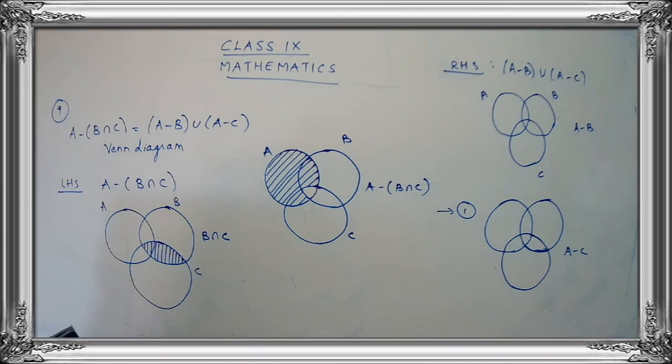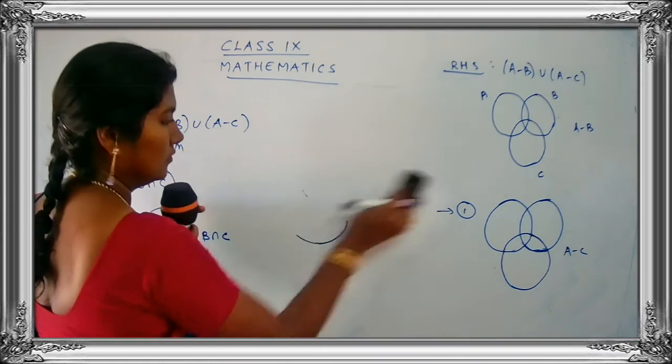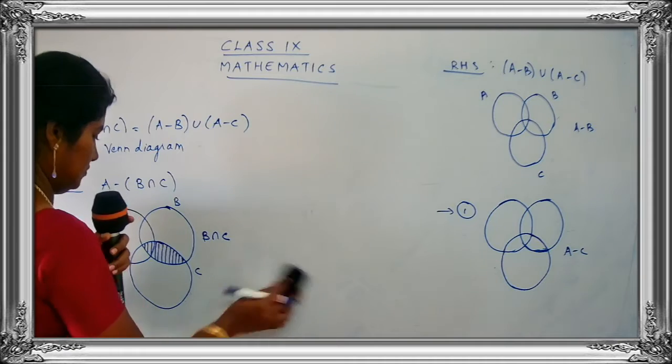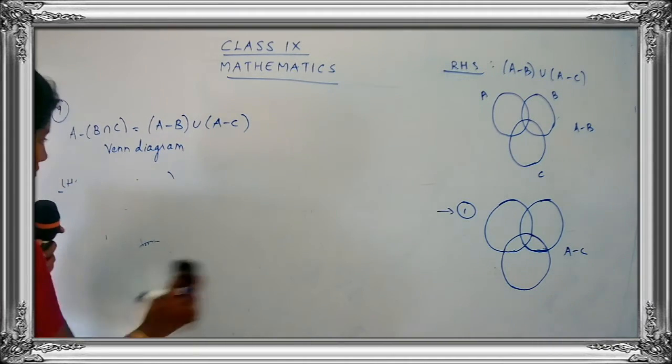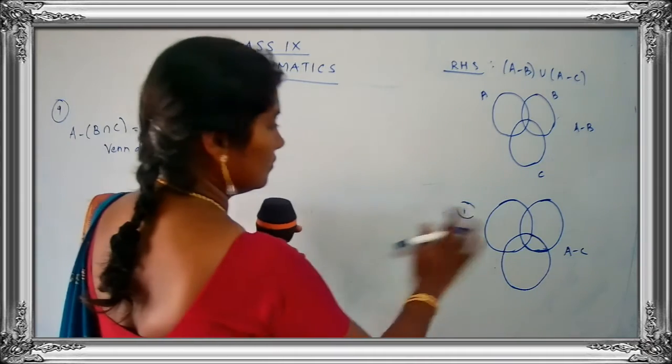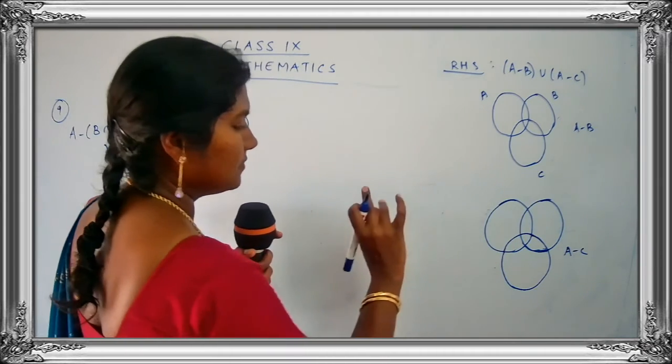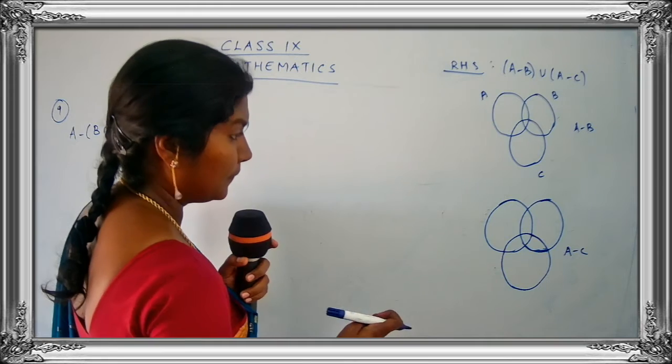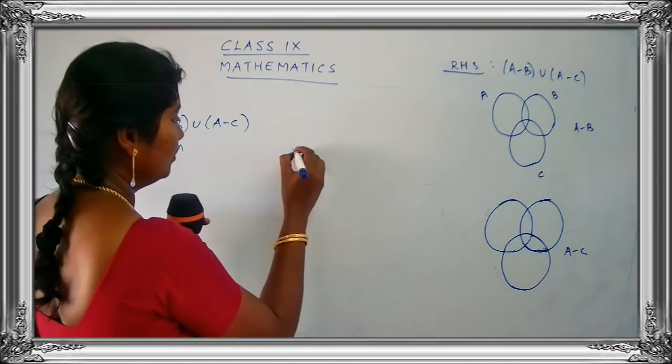Have you taken on the LHS part, children? First one is A minus B, second one is A minus C. The next one I'll draw for union part.